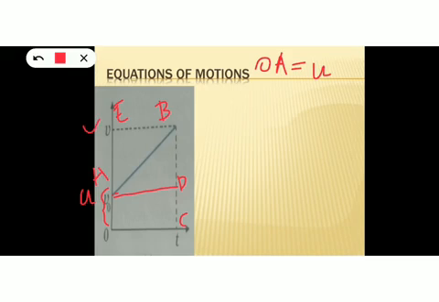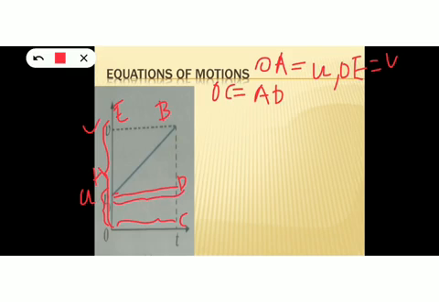So OE, this distance, can be considered as final velocity v. Then OC is equal to AD. AD and OC are parallel to each other. So OC is equal to AD is equal to time t.